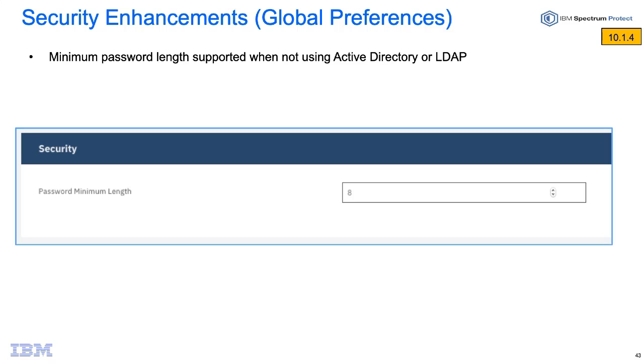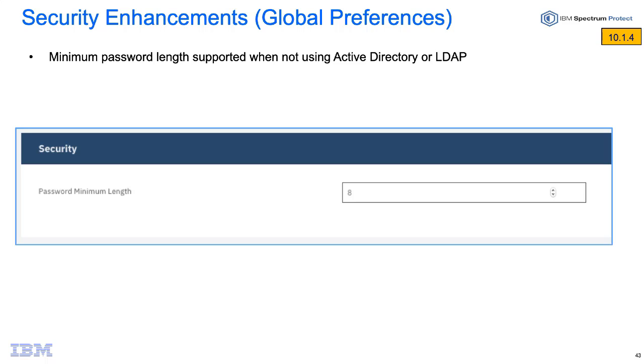A couple of miscellaneous security enhancements. A lot of people with Spectrum Protect Plus are using Active Directory or LDAP, but there are some people that are using the built-in user definitions. For those people, we've added this security enhancement that lets you set the minimum password length for Spectrum Protect Plus.